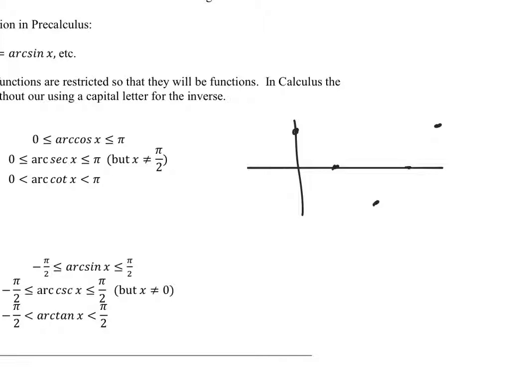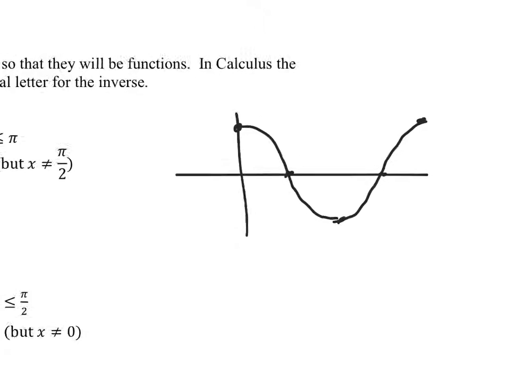Poor quality cosine function. Still, it's not getting any better, so I'm just going to live with it at this point. Slightly better. All right. We've talked about sine and cosine functions enough, I guess, but I will indicate the important x values and y values here.